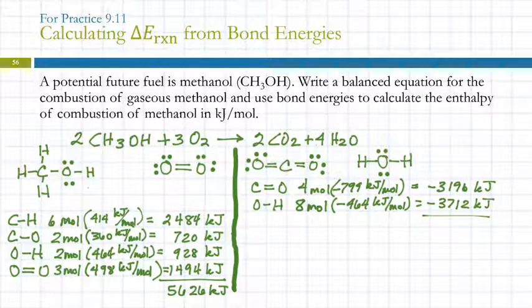So we'll add those together. 6908. That's negative. So we have to put in 5626 and we get out 6908. So the energy change is adding those together.